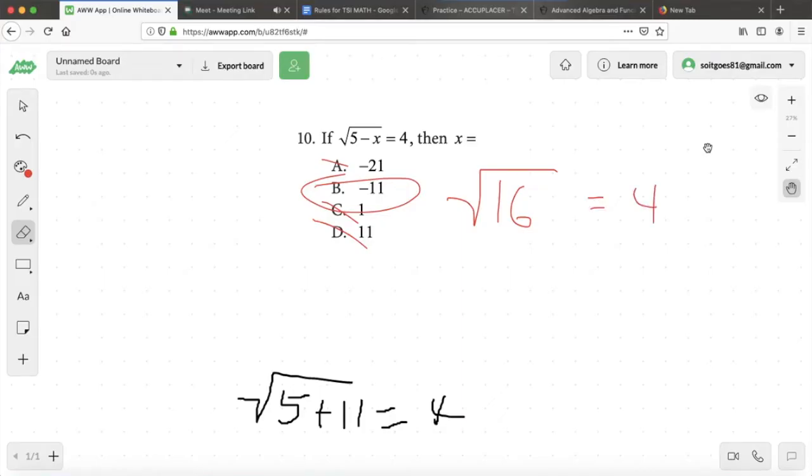Same thing with the square root of 9: some number multiplied by itself gives you 9, and that number is 3. The square root of 4 is 2. Square roots, that's all there is to it.